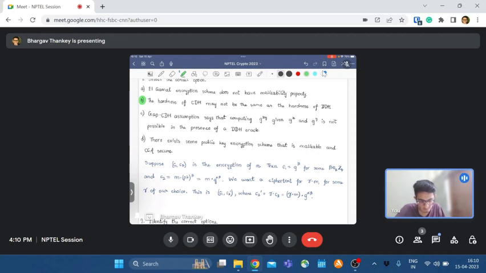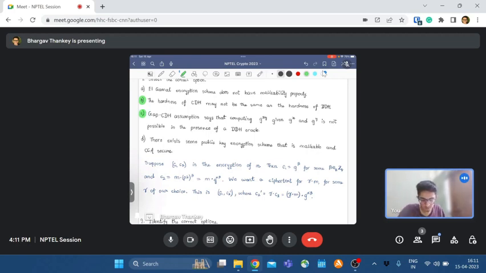Gap CDH assumption says that computing g to the xy given g to the x and g to the y is not possible in the presence of a DDH oracle. Well, gap CDH assumption just says that solving the CDH problem is difficult even in the presence of a DDH oracle. And what is the CDH problem? The CDH problem is just the problem of computing g to the xy given g to the x and g to the y. So yeah, option C is also true.